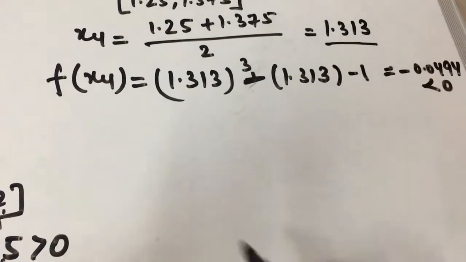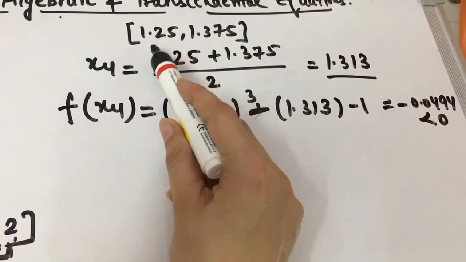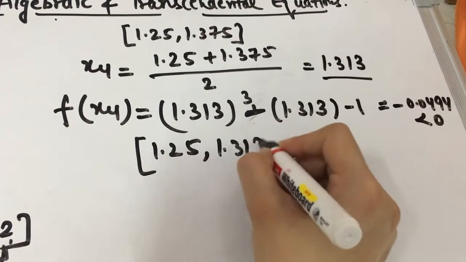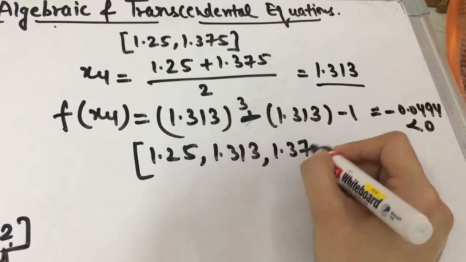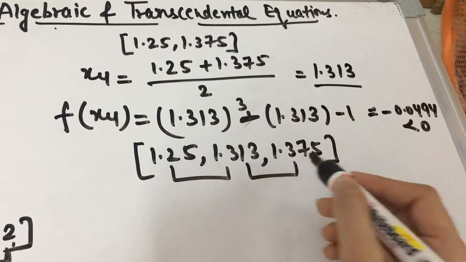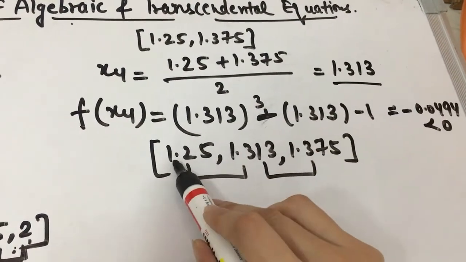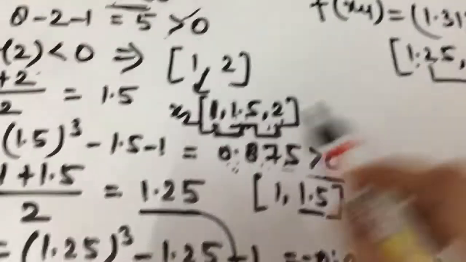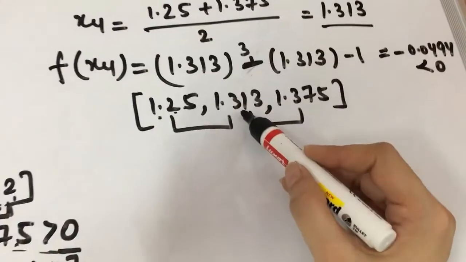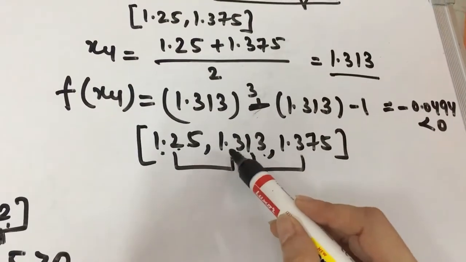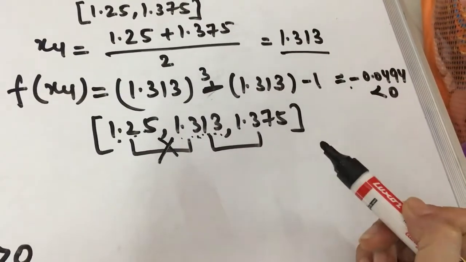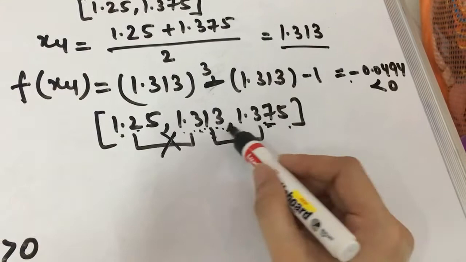So again we need to calculate. My interval was 1.25, 1.313 and 1.375. I need to check whether the root will lie in this interval or in this interval. As the value of the function at 1.25 is negative and at 1.313 is negative, the root can't lie in this interval, so definitely it will lie in the other interval.